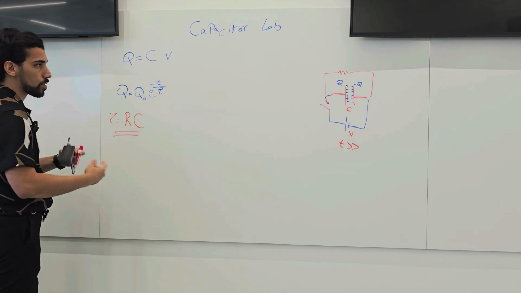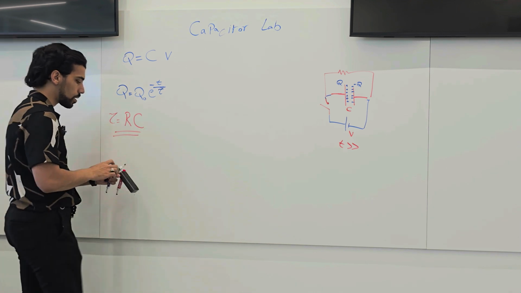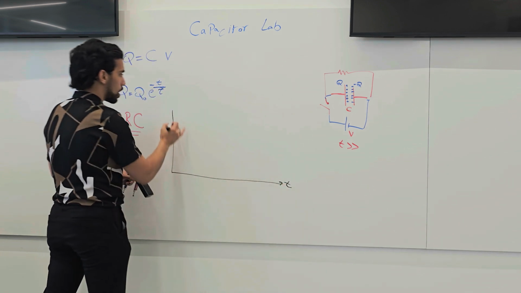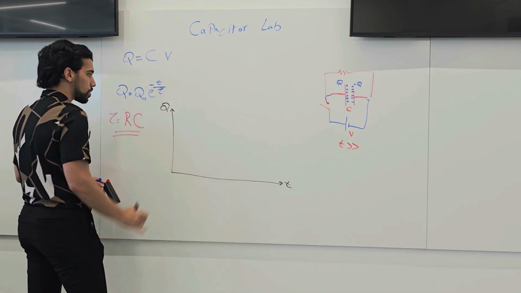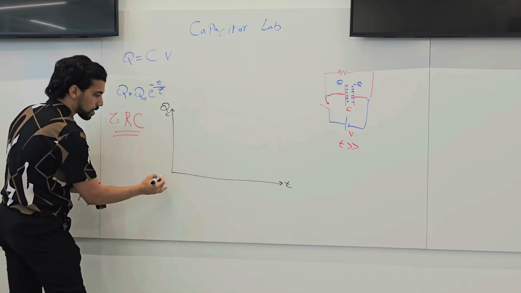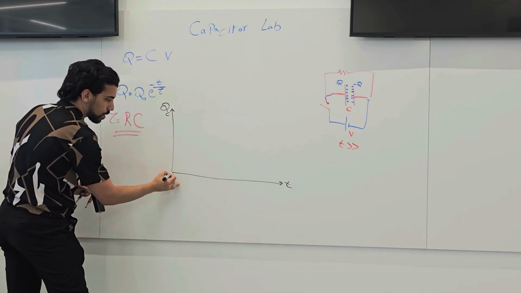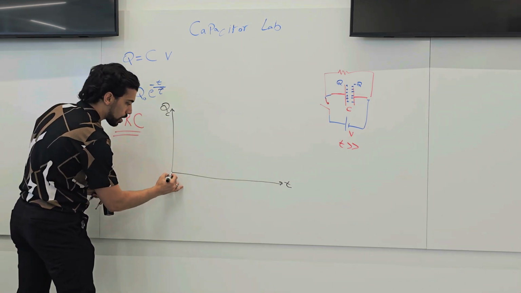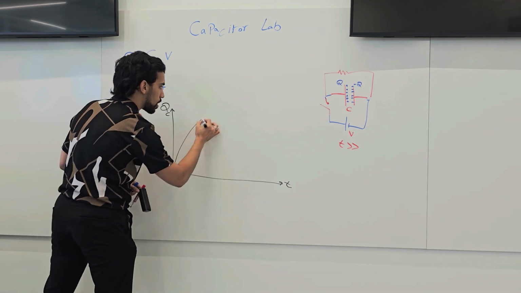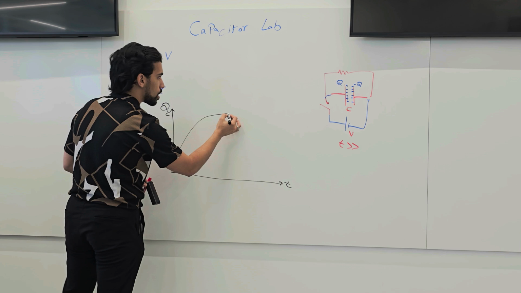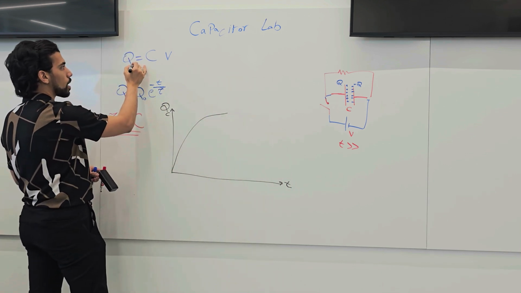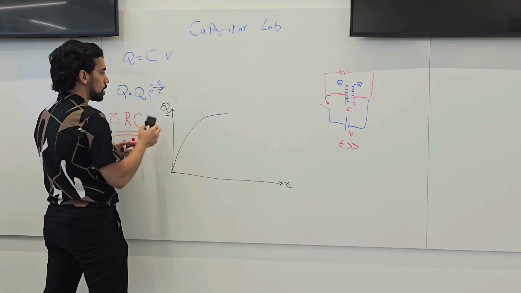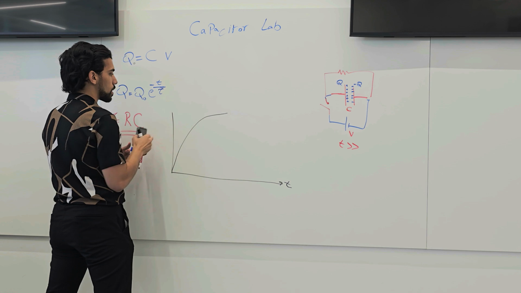Okay? So if we need to see it, in general, we have here time and the amount of charge inside the capacitor. Basically, if we start from 0 and we close the switch, this is going to be exponentially increasing until it reaches this Q, let's say this Q naught, which is equal to CV.